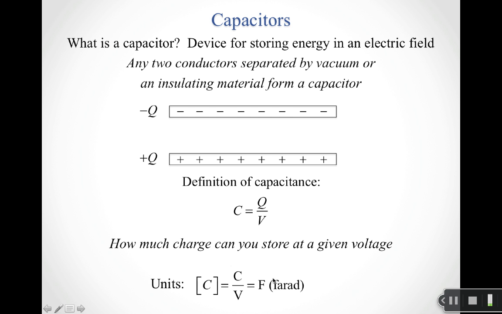Michael Faraday was one of the big discoverers with electricity in the 1800s, and so the farad is a name we've come up with as a tribute to him for what he did within the field. So farads will be our units for capacitance.